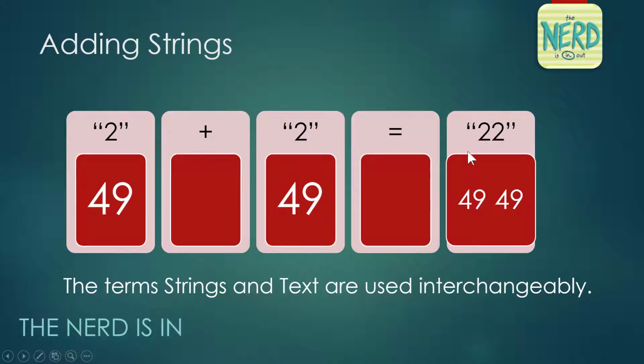And if we add those together, it just concatenates the string into a longer string. It takes the 2 small strings and glues them together. So we don't get the results we want. We're going to get 2 plus 2 equals 22, not 2 plus 2 equals 4.